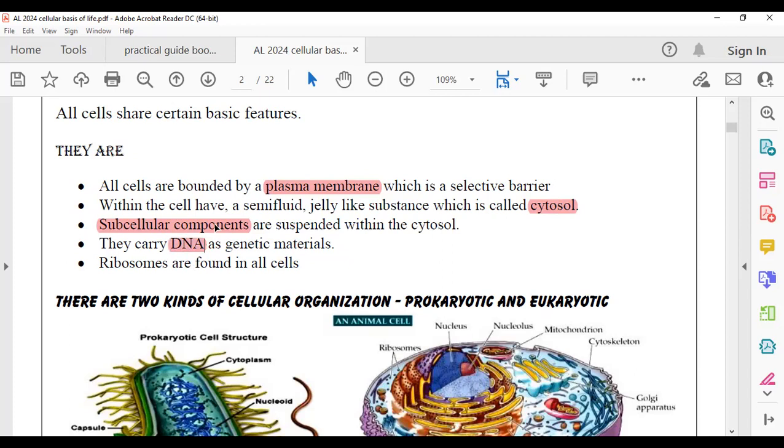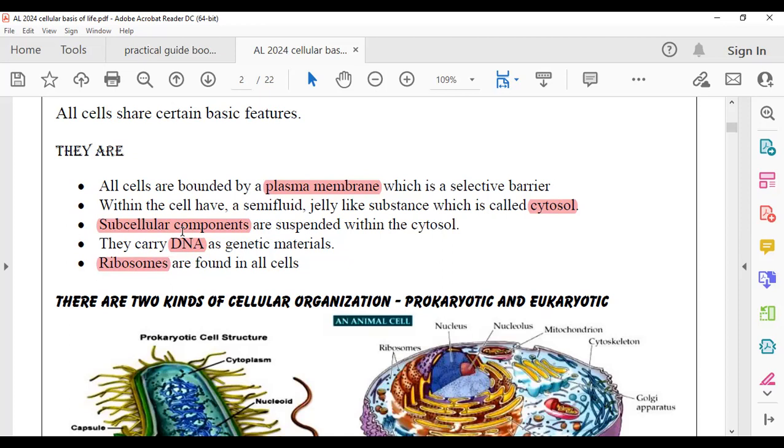Actually, DNA is a subcellular component, but specially mentioned because it's a genetic material. And next one, ribosomes. It is also a subcellular component, very important for a cell survival to synthesize proteins.